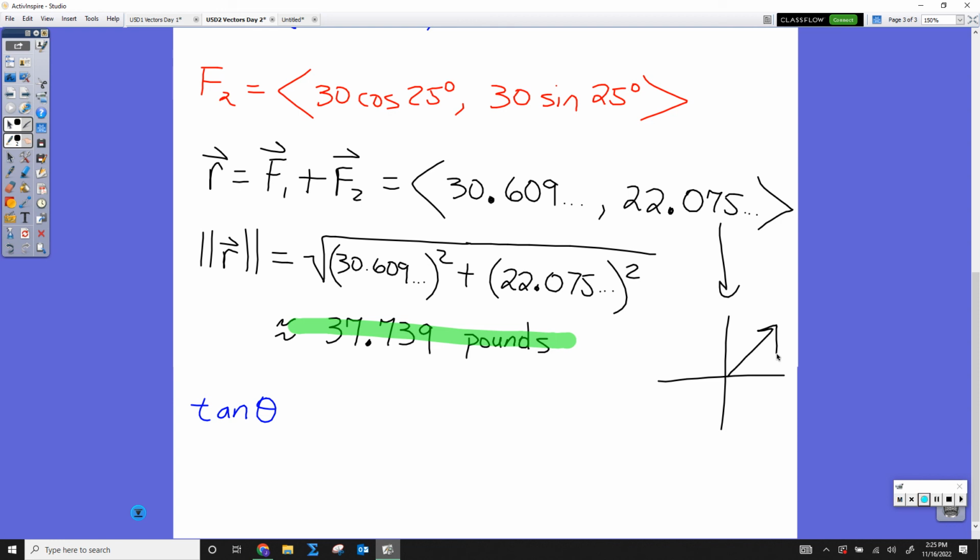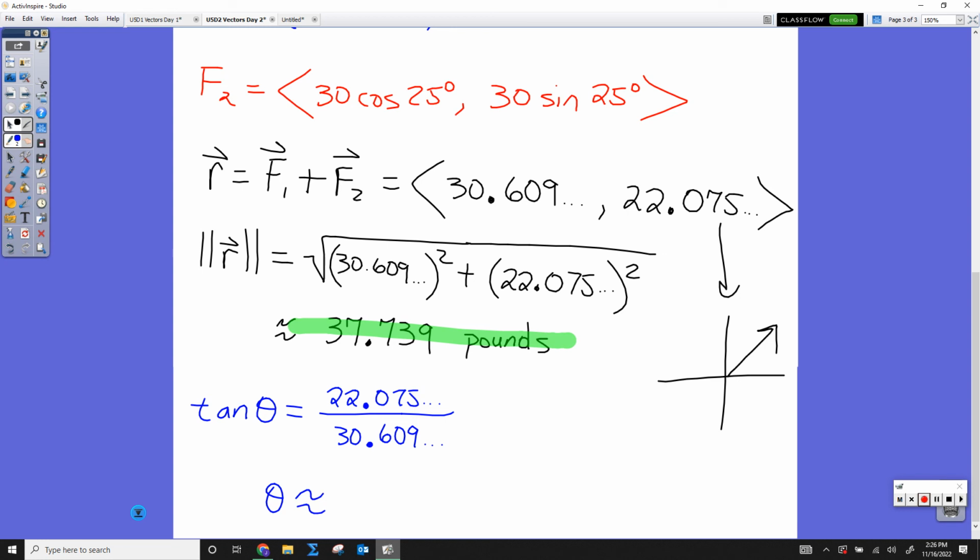So we're just going to have tangent of theta then, no alpha needed this time, equal to, well, our vertical component, 22.075, over our horizontal component, 30.609. We can use inverse tangent on that.